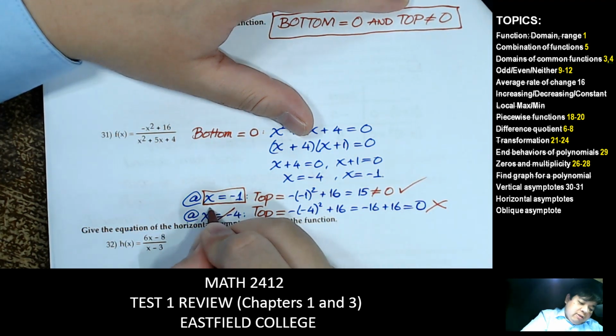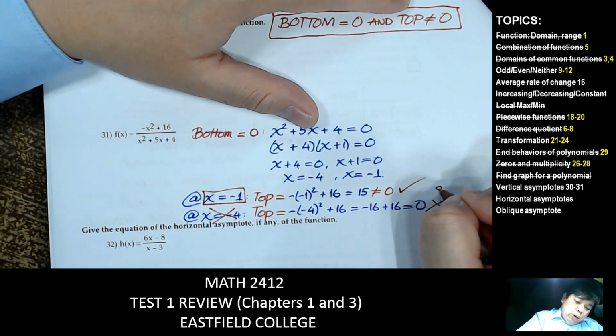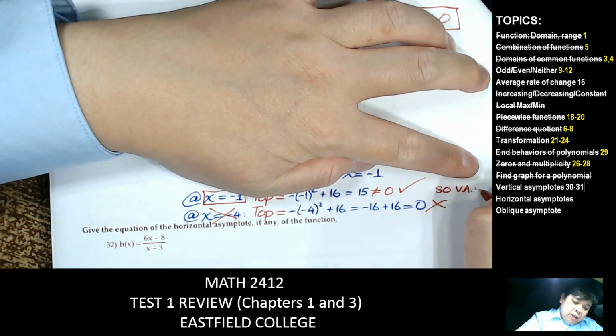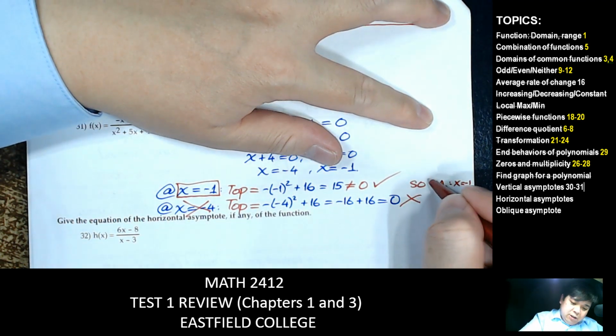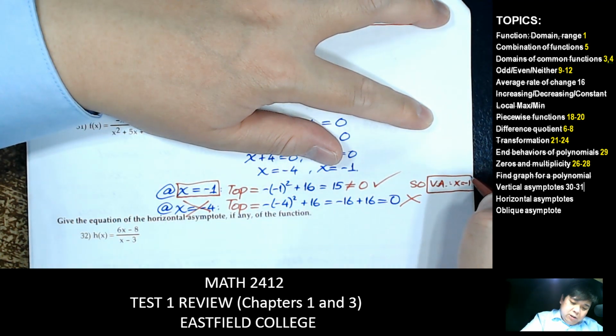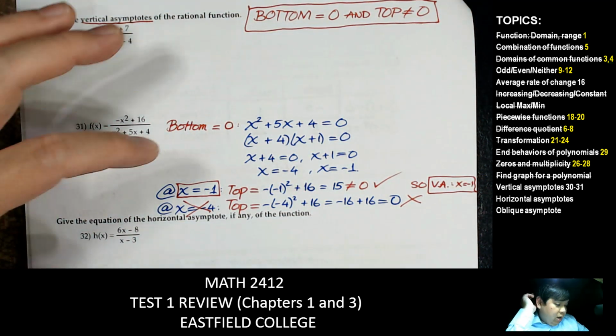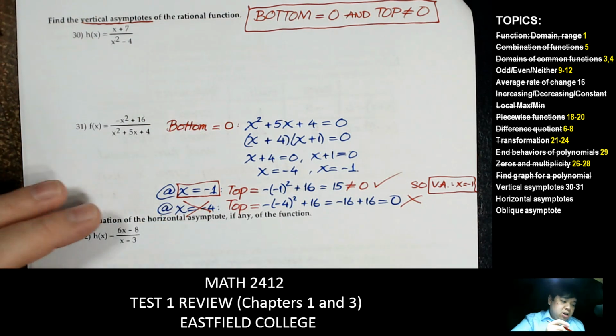So we only have one vertical asymptote, which is x equal to -1. We make the bottom equal to 0 and the top is not.